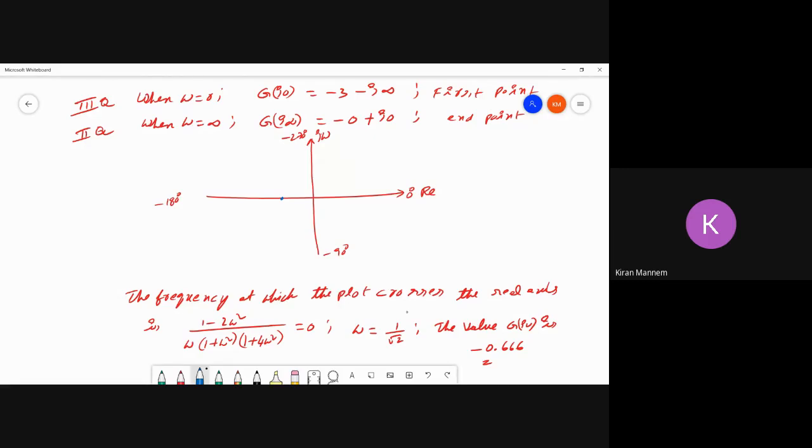So this would be the length. This length would be minus 0.66 at the crossing point, and this would be the end point, minus 0 plus j0 at omega equal to infinity.